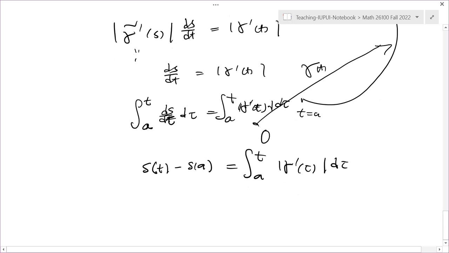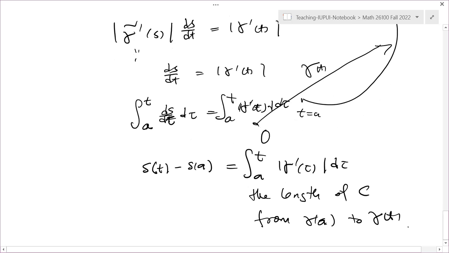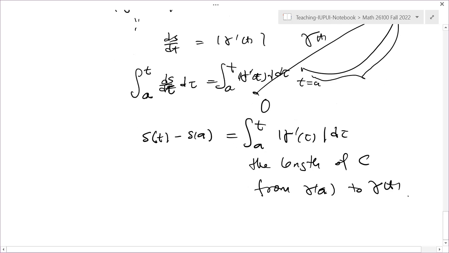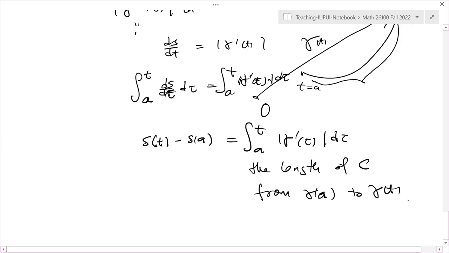That means this is the length of the curve C from the starting point gamma of a to the point gamma of t. So this is a portion of the curve, and s is f of t.